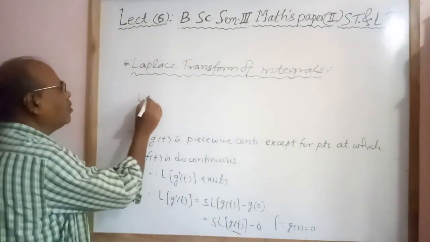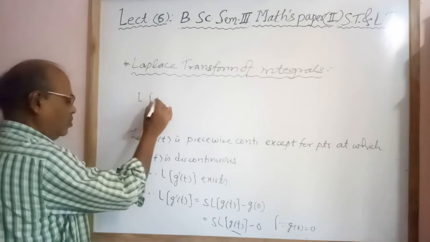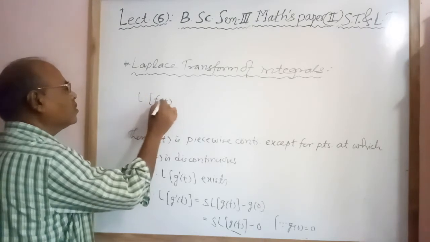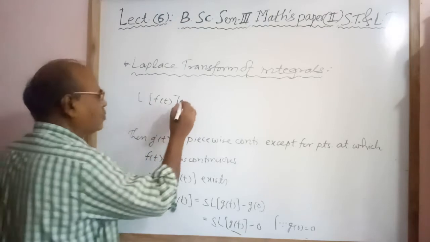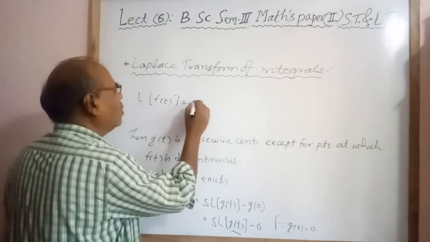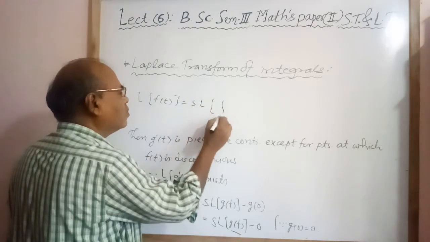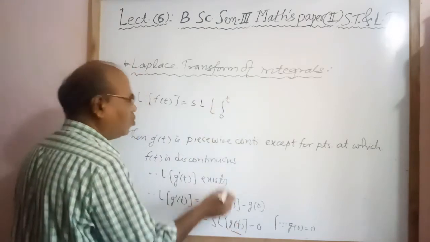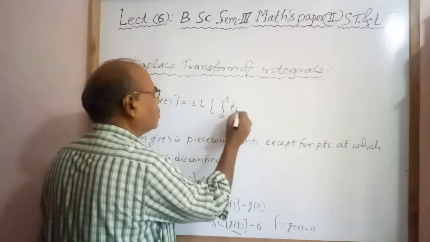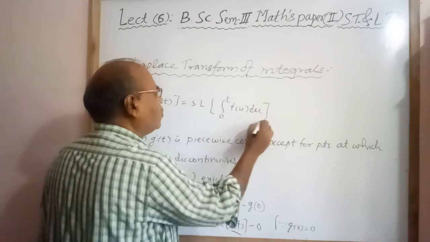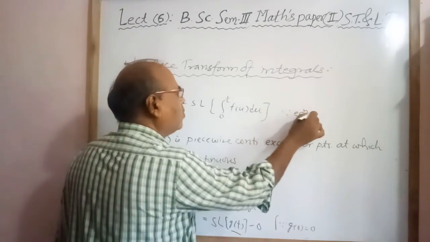Therefore, in the left hand side we have Laplace of f of t equal to s into Laplace of g of t, that is, integration 0 to t f of u du, since by equation 1.